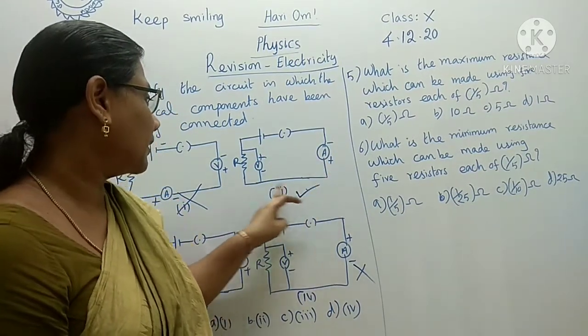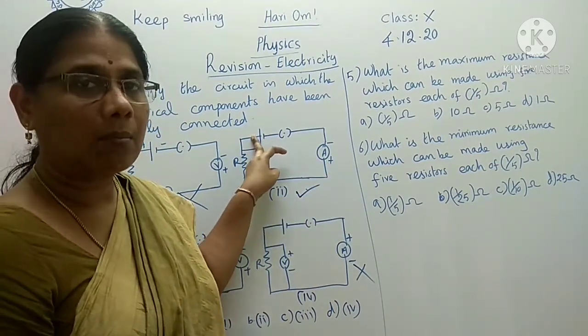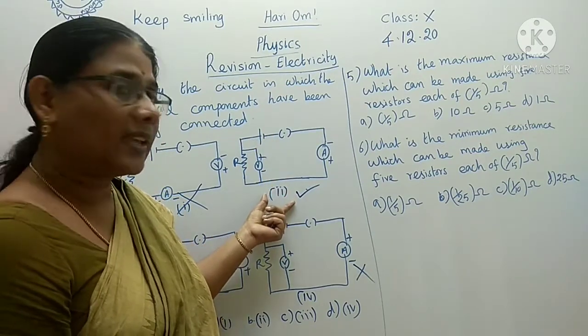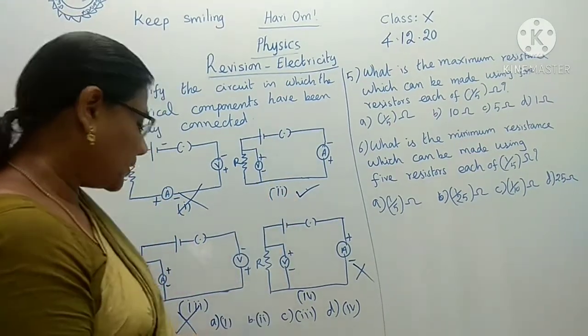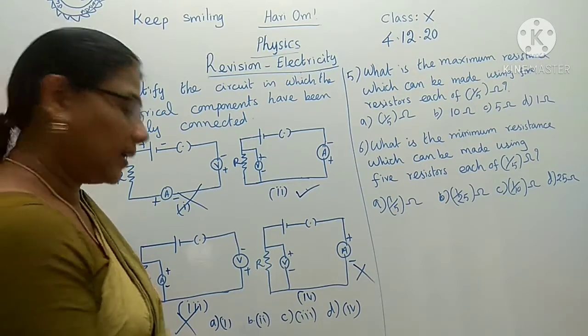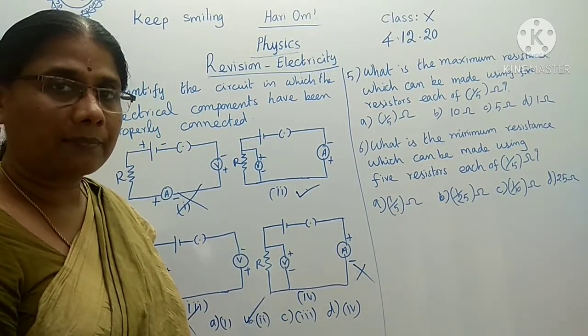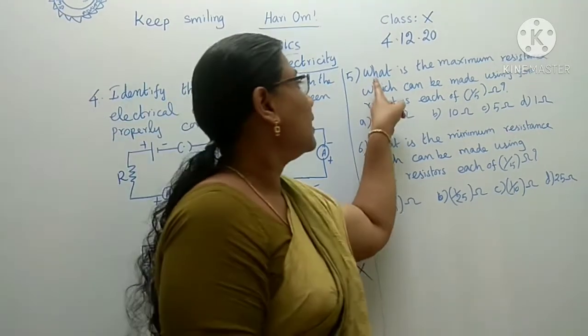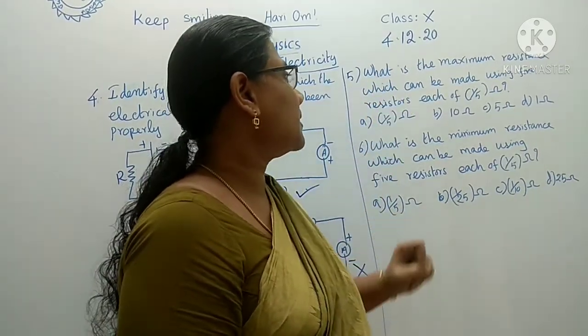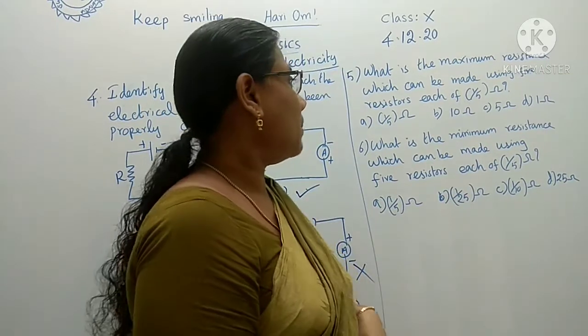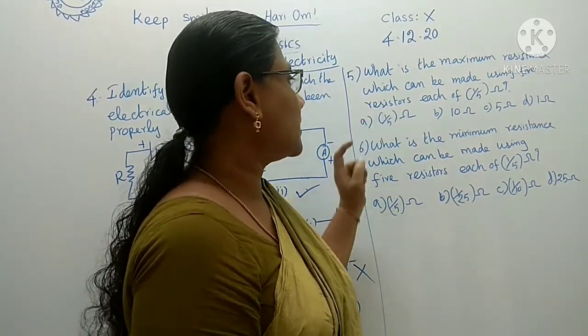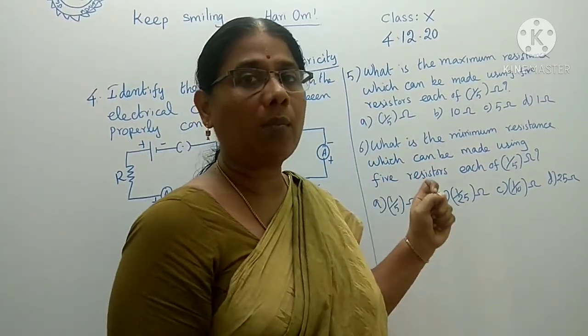Then positive one is connected to the positive terminal of the battery. So, second circuit is correct. That means option B is correct. Okay. Option B is correct.